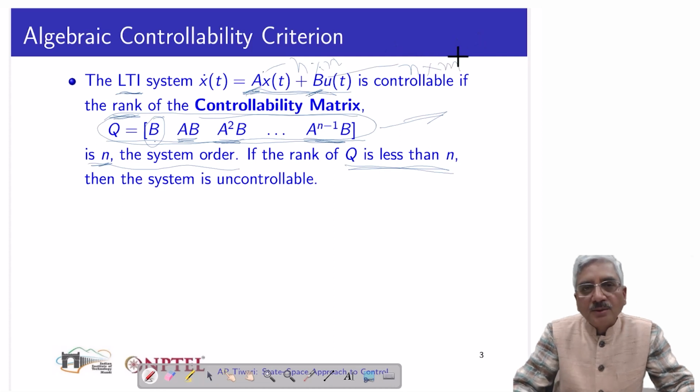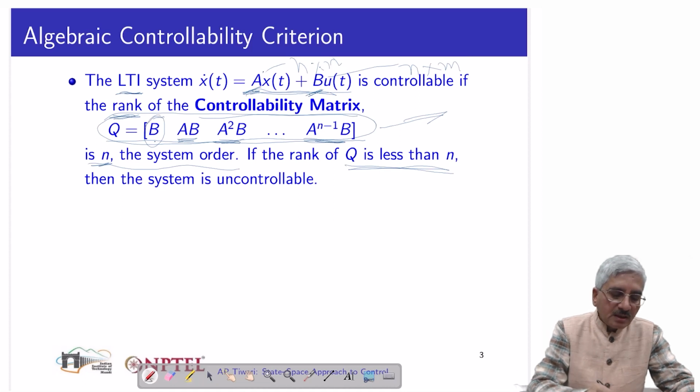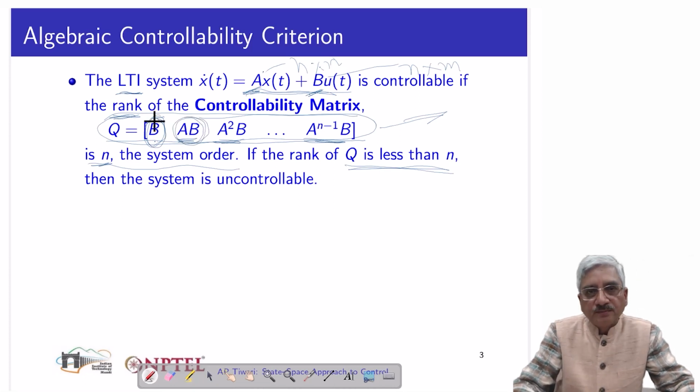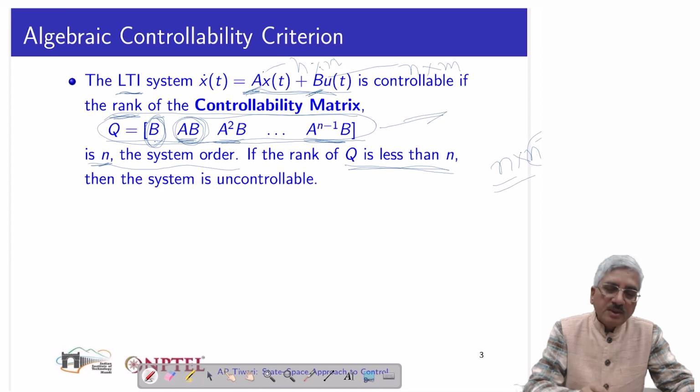There will be n rows and m columns. So this B here consists of m columns. This AB here again consists of m columns, as it is an n by n matrix times an n by m matrix.